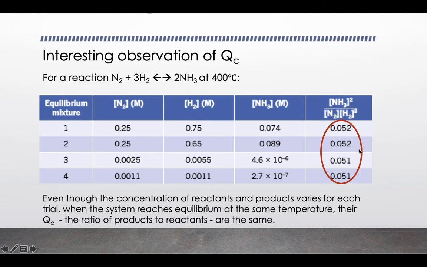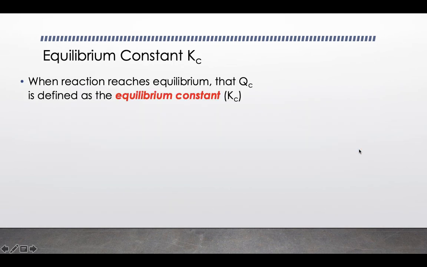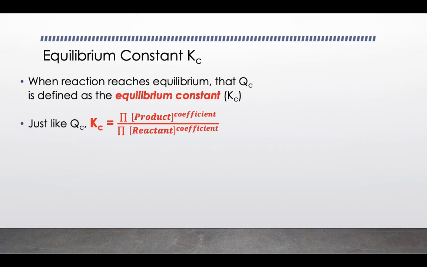If it's the same, we call it a constant. Therefore, Kc and Qc have the same expression. The way we write the expression for Qc is how we write the expression for Kc. The only difference is that Qc will change before the reaction reaches equilibrium, and the value of Kc is only one: when this reaction mixture is at equilibrium, that value is the value of Kc.